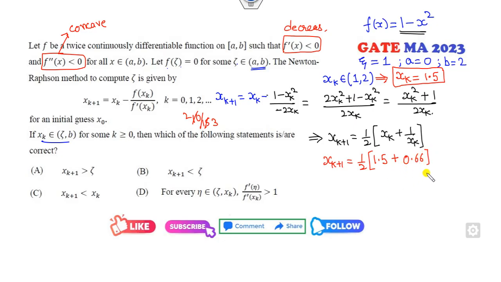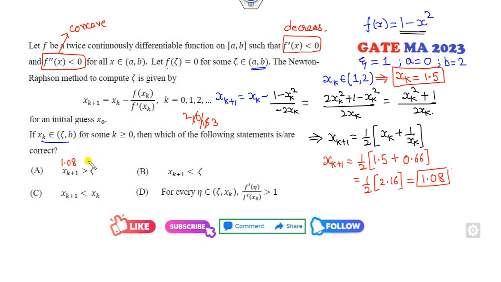I can write up to 2 decimal places. So it is half of, if I add them, 2.16. So that will be 1.08. Fine. So that means xk plus 1 is 1.08.